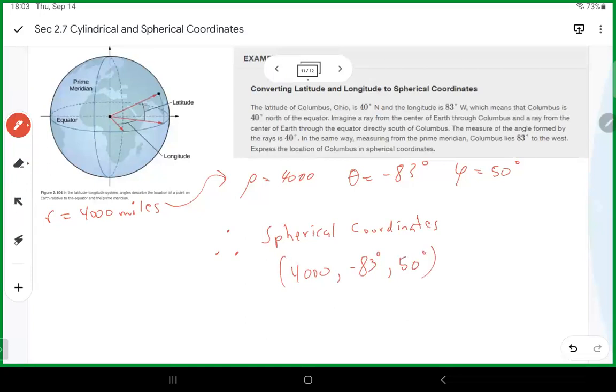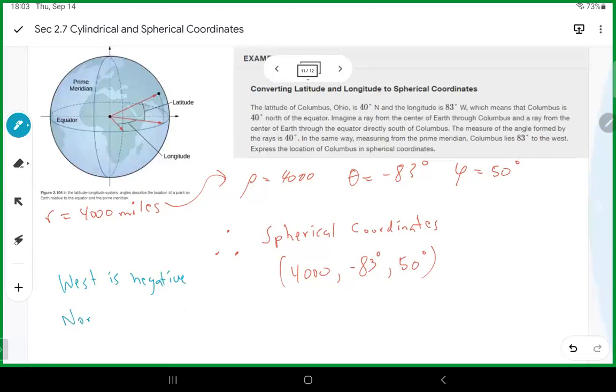Okay, so you have to use the directionals that they give you. So that's going to help you figure stuff out. So let's pull some stuff out of here. So if you have a similar problem, you know what to do. So west is going to be negative. And then 40 degrees north.